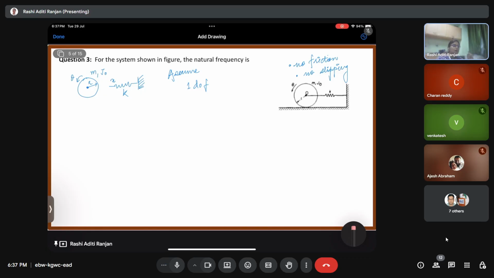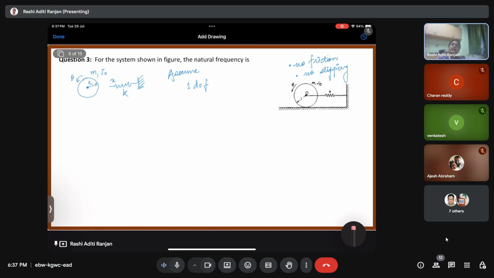Okay. But what is important is to note that if I write equation in terms of theta, it is not like that I don't consider the contribution of the translation, translatory motion. Okay. And if I write the equation in terms of x, I should never ignore the energy which is associated with the rotation theta. I have to consider both.